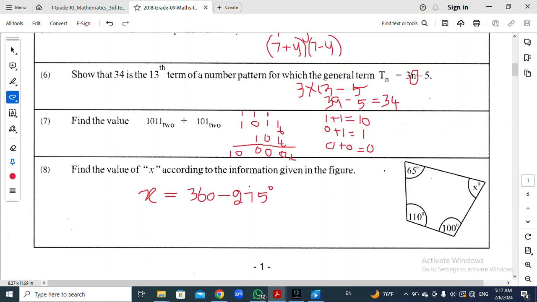Okay, I'm just mentioning that one. Definitely I have to mention, otherwise they can cut, they have rights to cut marks. So 360 minus 275. Okay, so the answer should be 85. The answer is 85.